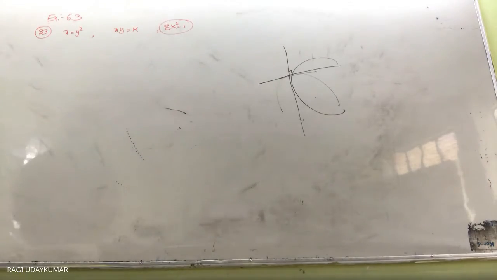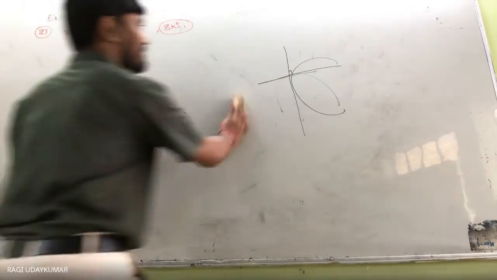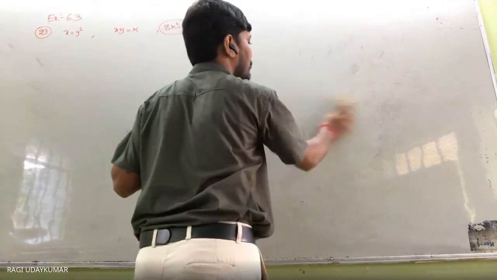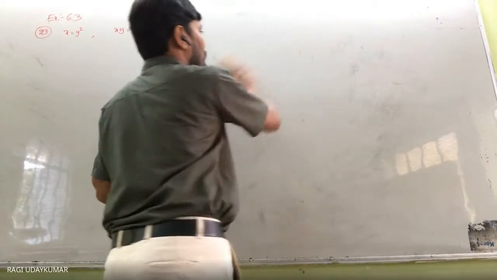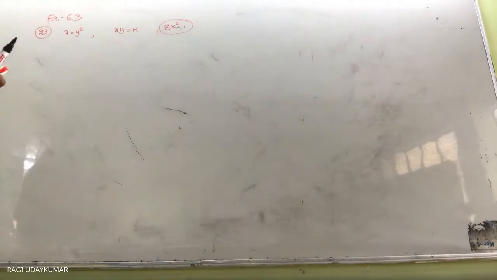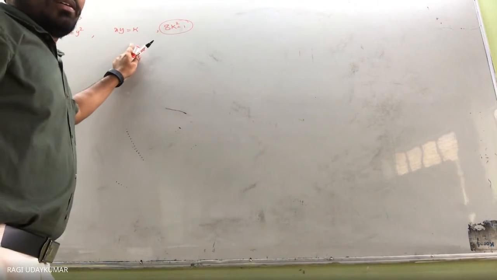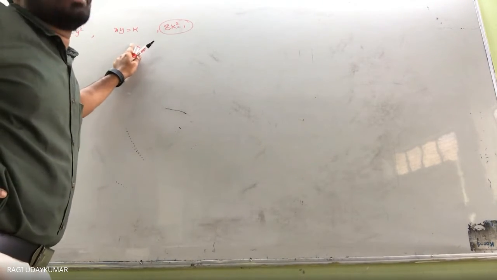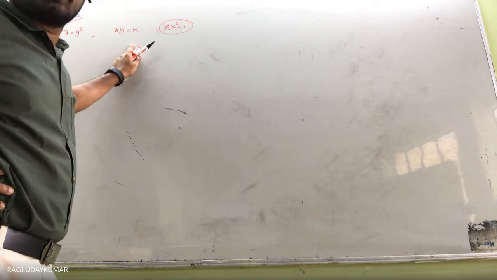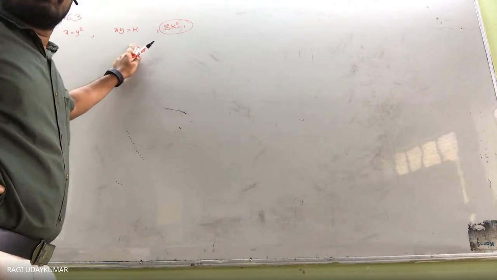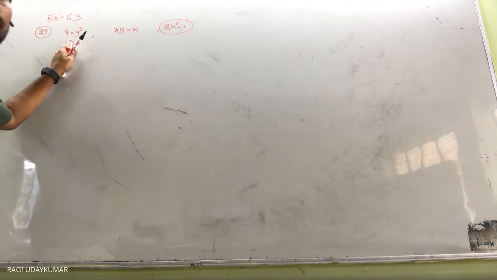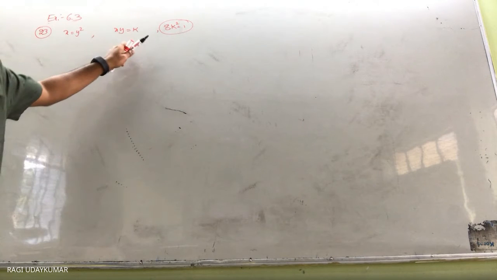Meaning curves cutting each other at right angles is nothing but the product of the slopes of this curve and this curve, meaning the tangents, should be equal to -1. So we need to find the slope of the tangent of this one, and the slope of the tangent of this one. Here you need to write the two curves very clearly.